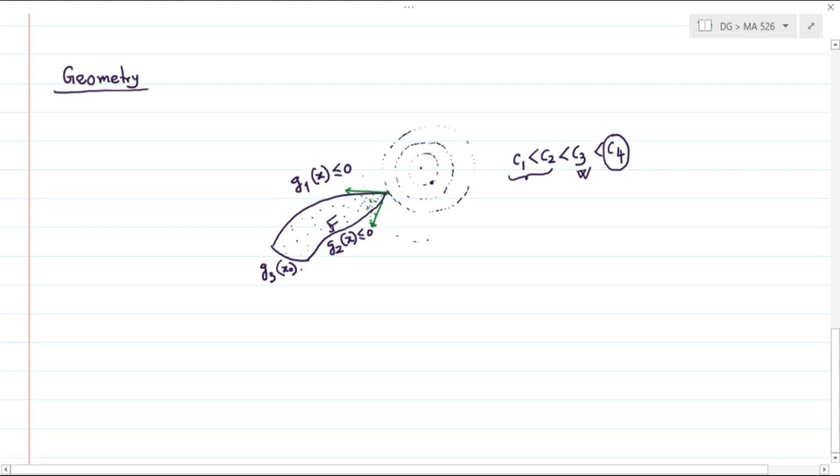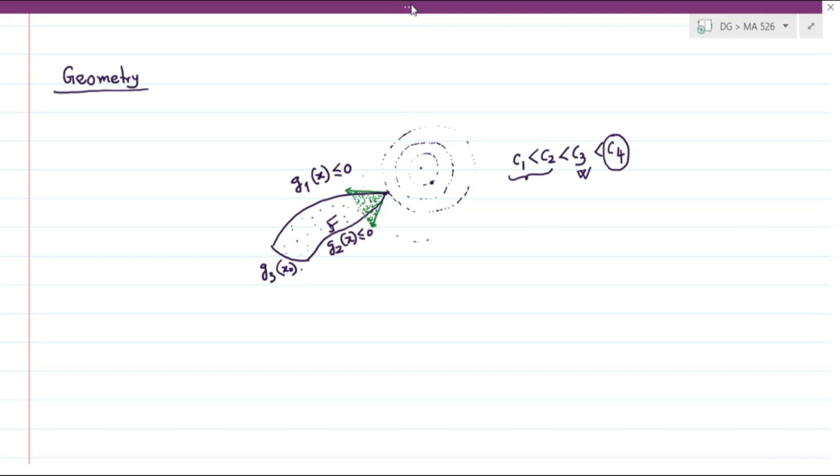The tangent cone is this green dotted region. Some of the points in the tangent cone are not visible. Okay, they are becoming visible. However, sequentially, if we move to the extreme directions, the green directions, then you will be able to lead to only the visible region. That is the definition of the tangent cone.